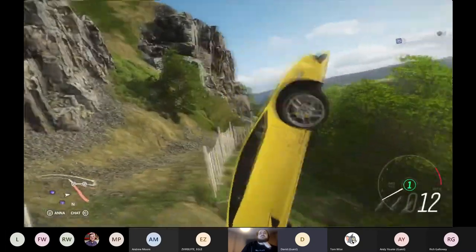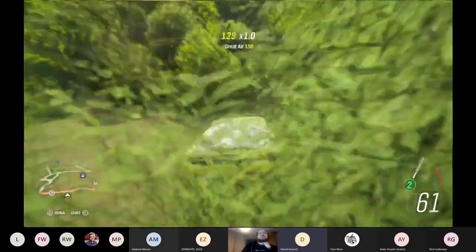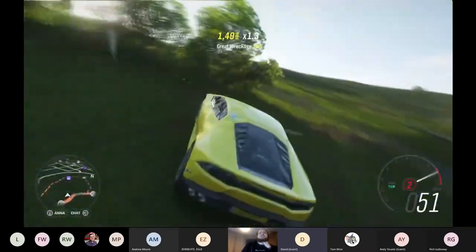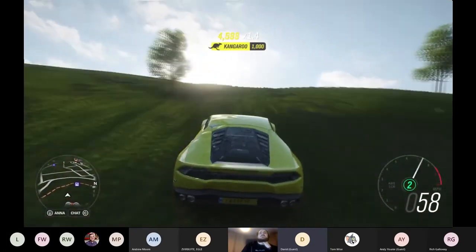Obviously, don't drive like this because it's just horrendous, and you probably kill yourself. But it's a video game, and you can really just do what you please here.